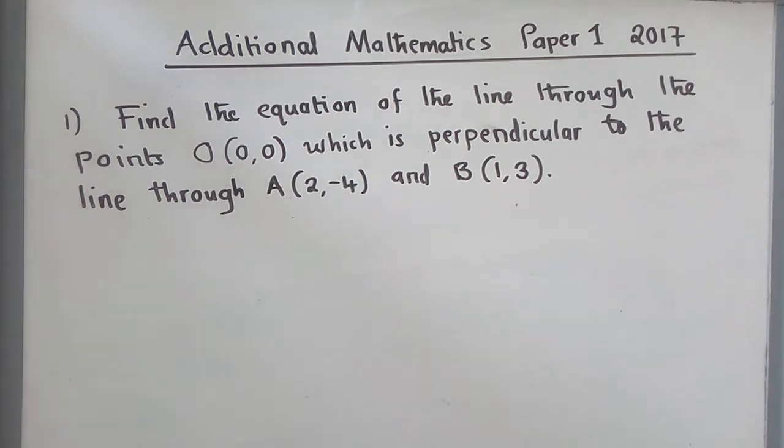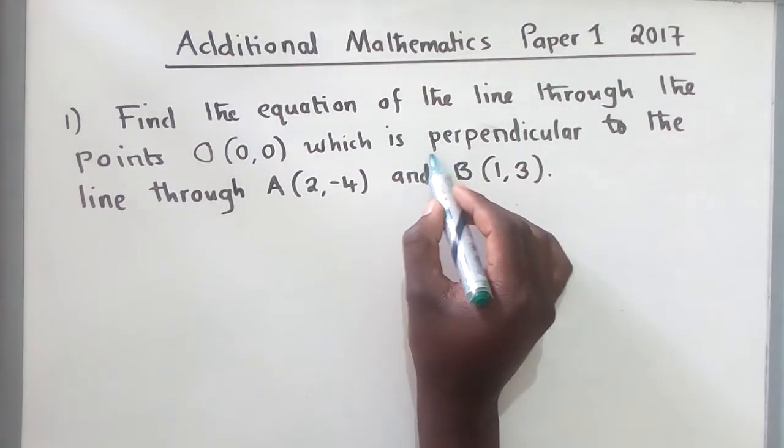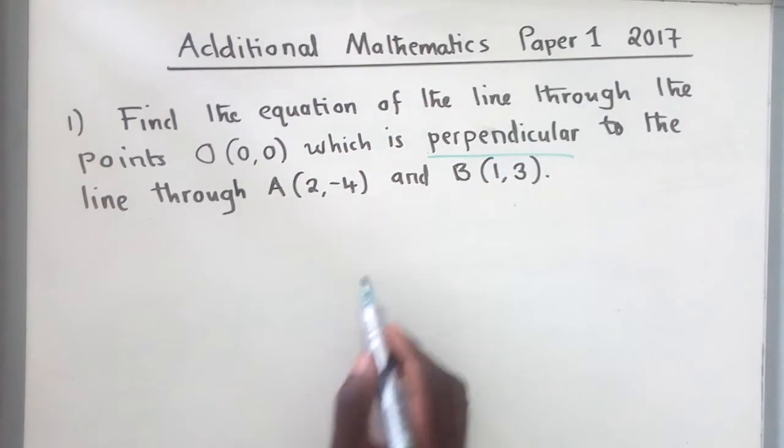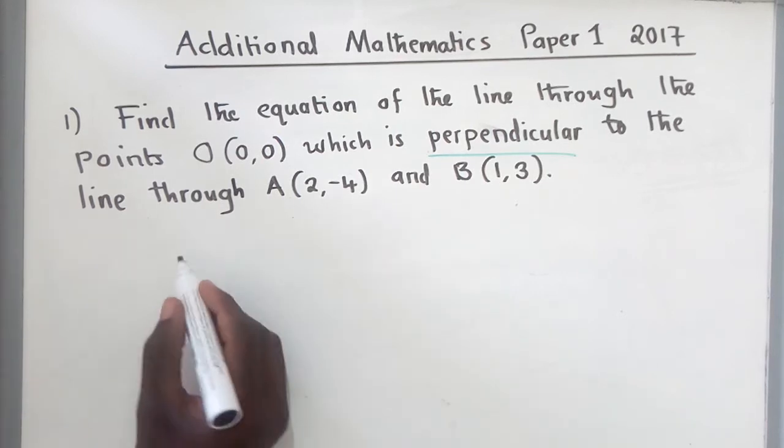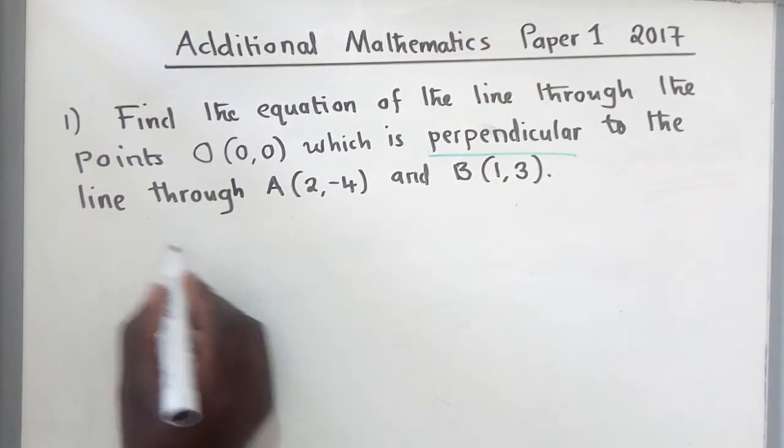So the most important thing that we should take into consideration is this. Okay, this is very important, and also the points. So this is the line. Okay, the line is like this.